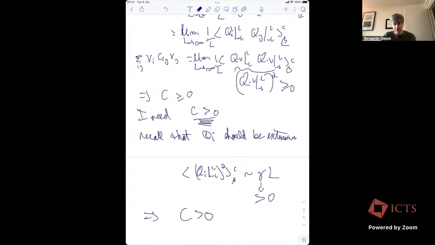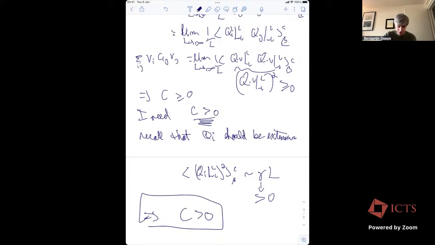That shows that if I do have extensive quantities, then C is a positive matrix. So it is important that they be extensive: not more than the volume of the system, but not less either. Otherwise, you cannot invert the relation between betas and the densities.